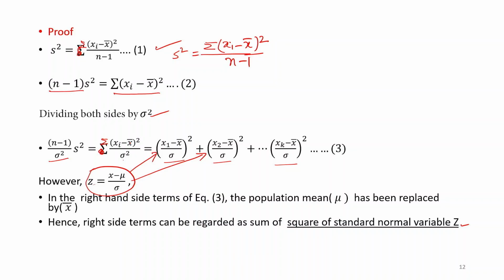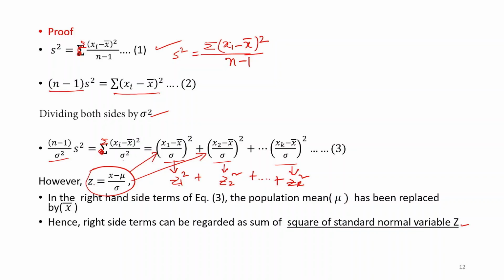And if it is so, then all of them become what? This will become my z1 square, this will become z2 square, and this will become my zk square. Therefore, the sum of these standard normal variables, z1 square plus z2 square plus up to zk square, follows the chi-square distribution.